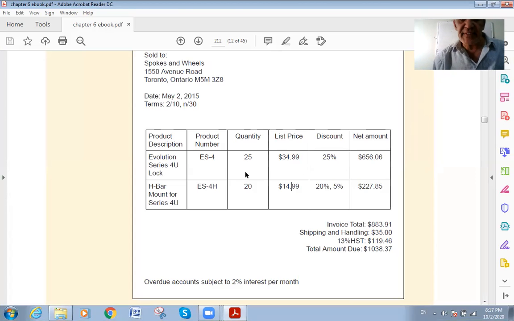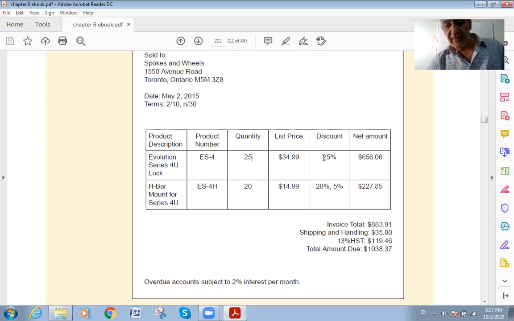If we say those are shoes, I bought 25 pairs of shoes. Each pair cost me $34.99. So how much for all the 25 pairs of shoes? That means I multiply 25 by 34.99.